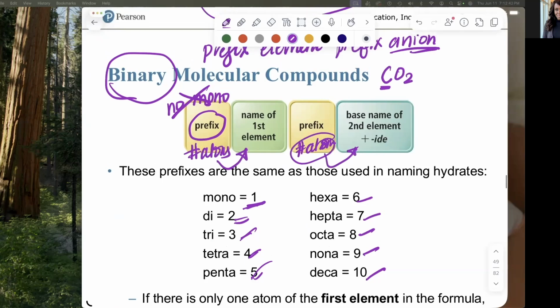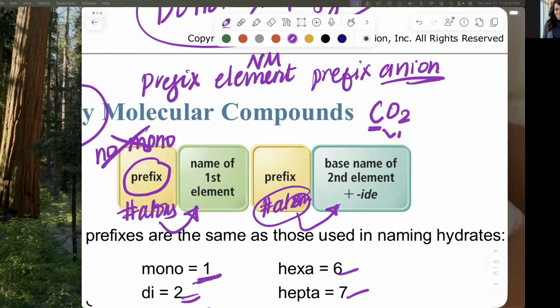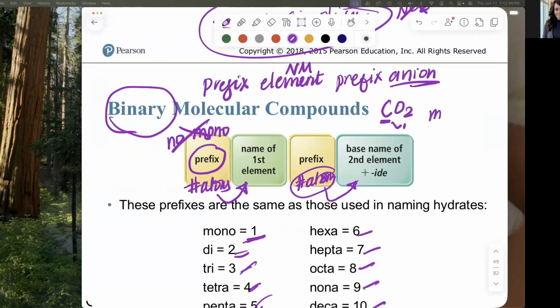If you look at this right here, how many carbons do we have? Technically 1. So the name should be monocarbon dioxide because we have 1 carbon, 2 oxygens, but we don't call it that. Not even in the street, we just call it carbon dioxide.